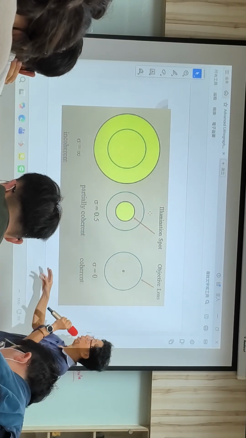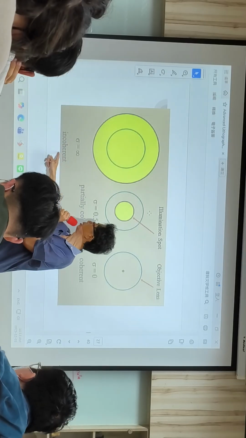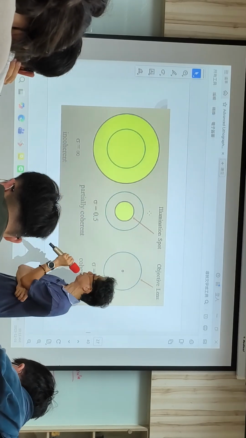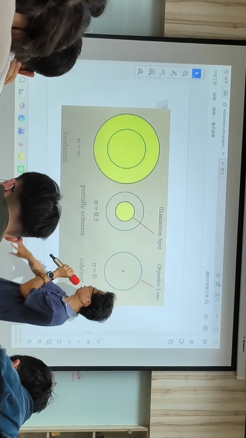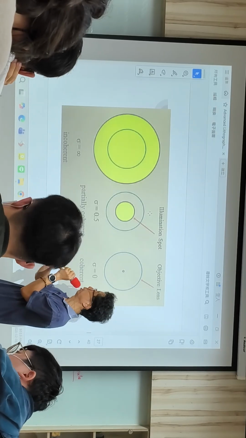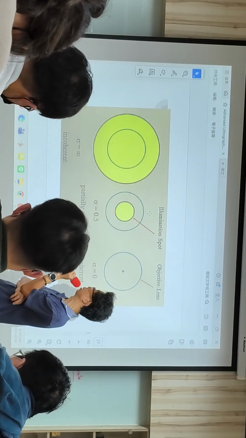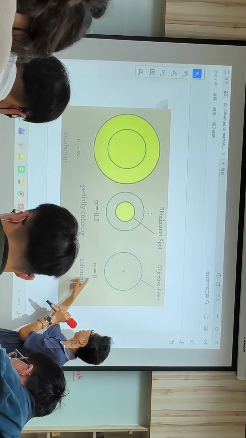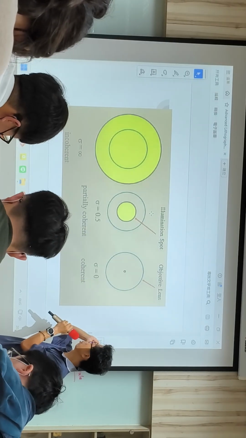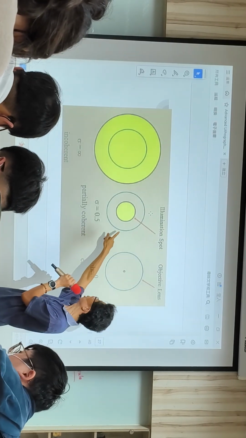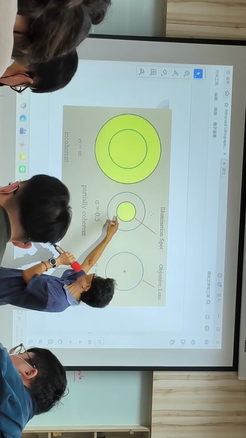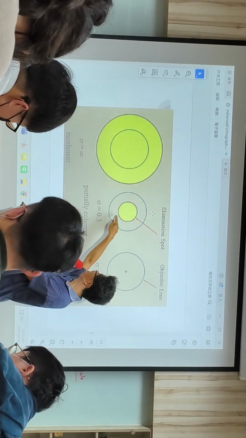And as I mentioned, incoherent basically tells you that the sigma is infinity, much bigger than the objective lens. Coherent is a point source, sigma is 0. And partial coherent, this is an example, is like this.